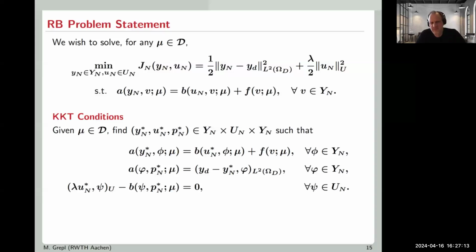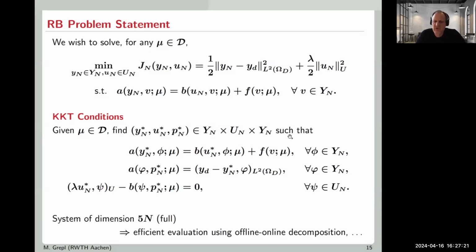We again obtain the KKT conditions, same as before, just everything in the reduced setting now. And our system now is of dimension only 5n, so not anymore dependent on the finite element dimension, but only on the reduced basis dimension. And thanks to our assumption on the affine decomposition of A and B and so on, we can evaluate this very efficiently using an offline-online decomposition.